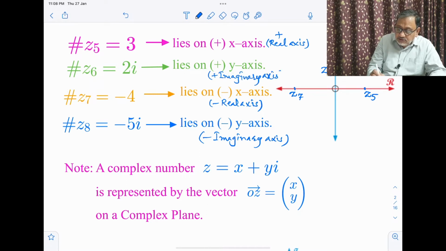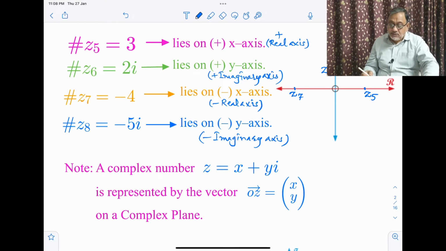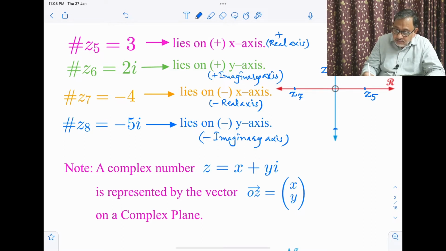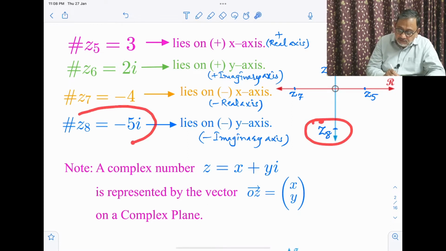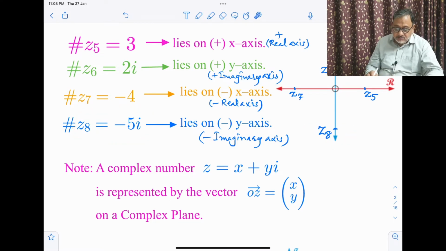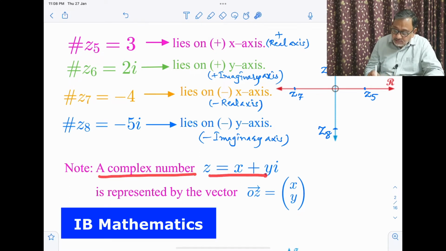I wrote x-axis and y-axis for your understanding, so no problem. So I'll represent minus 5i somewhere here, Z8. So Z8 is minus 5i, which will be on the negative imaginary axis.